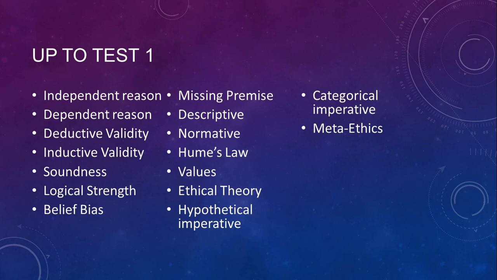Like inductive generalization, for example. So if I say all observed swans had beaks, therefore all swans have beaks. That's an inductive generalization. Right? That's a kind of argument. So all observed x's have y, therefore all x's have y. Now, that's clearly not a deductive argument in that the conclusion is not guaranteed by the truth of the premises.